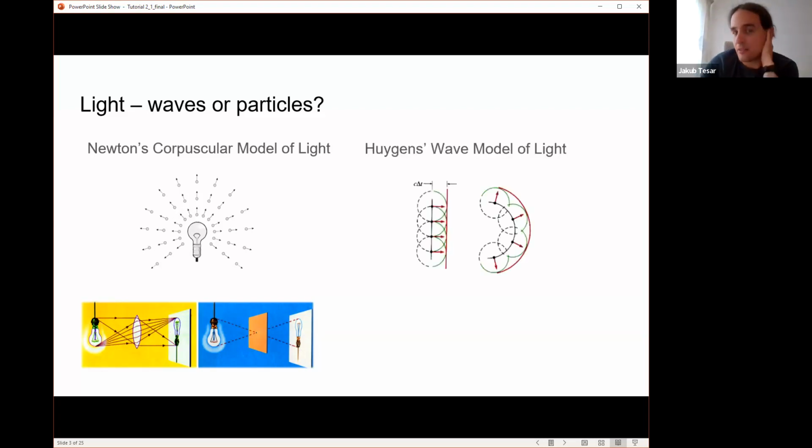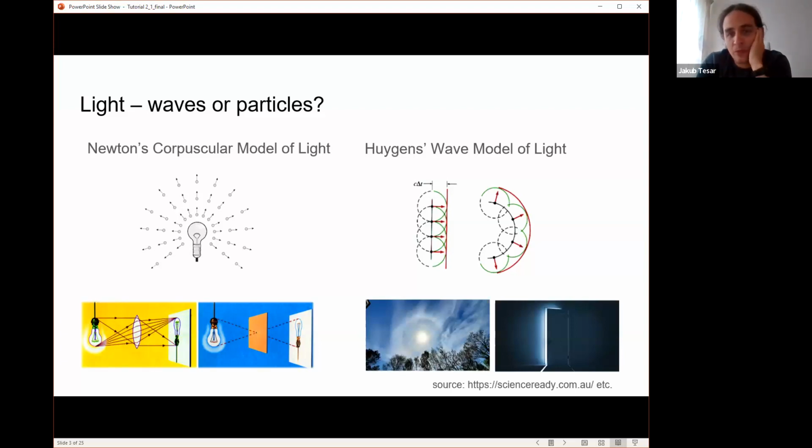On the other hand, there are other ideas of how we can think of light, and as a comparison to Newton's particle model of light, I introduced Huygens' wave model of light, which thinks of light as a wave that is propagating not from one source, but basically every single point in space which is reached by that light becomes a kind of source of this light again, and therefore the light has, for example, the ability to bend behind some obstacle.